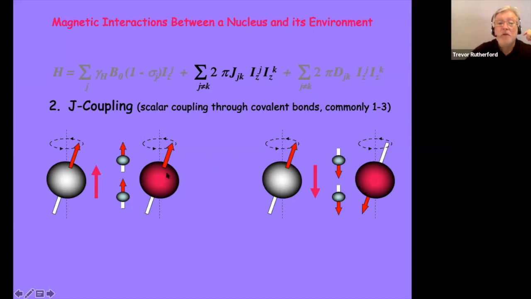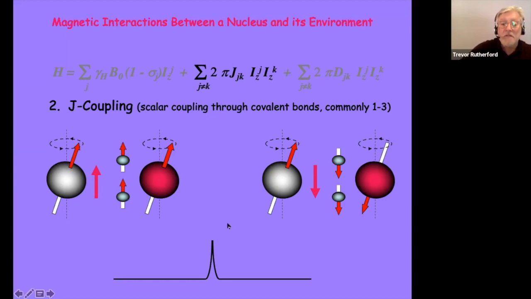And it depends upon the spin state of the neighboring nucleus. So we get two spin states where the nuclear dipole is either with or opposed to the field. And it gives us two different environments at the site of this spin in gray here.